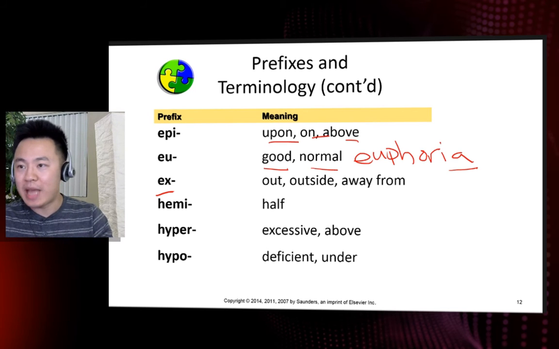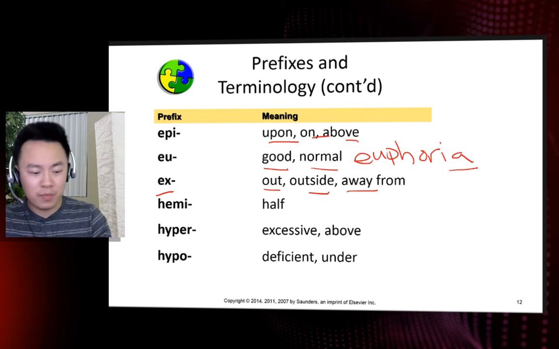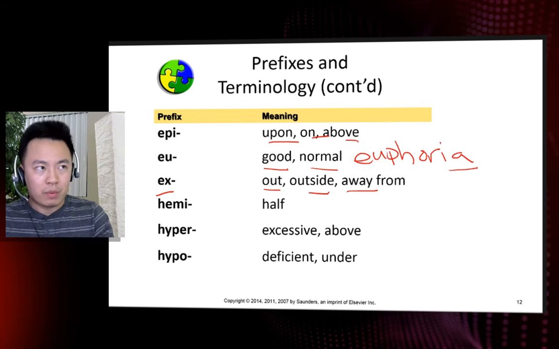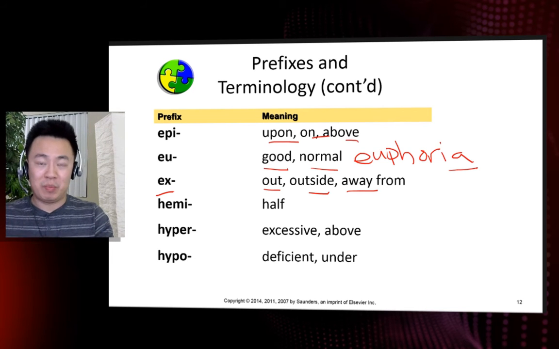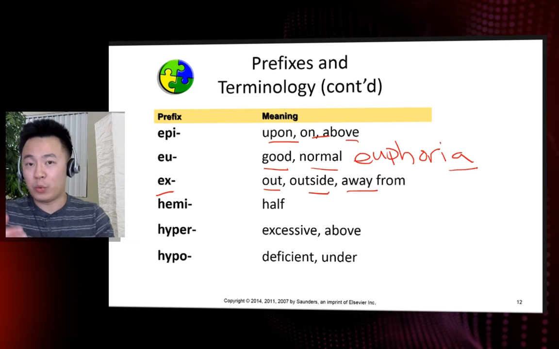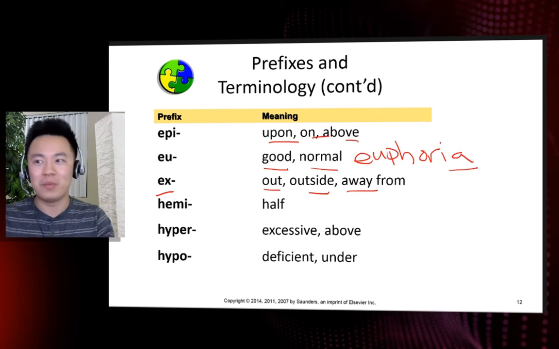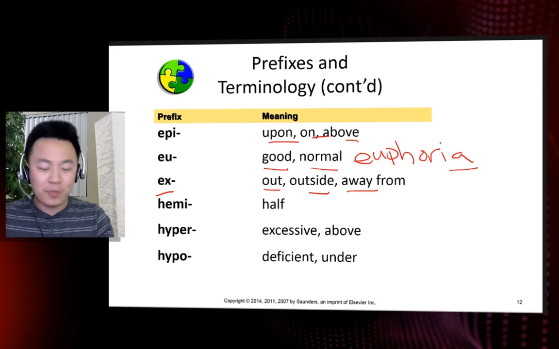Ex means out, outside, or away from. For example, exit, or well, this sounds pretty silly, but think of if a person were in a relationship and they're no longer in a relationship, the other person is known as their ex. Away from, out, or outside of the relationship, considered your ex. But how about a medical term to go with this? How about exophthalmos?